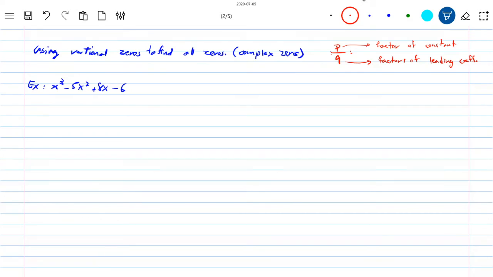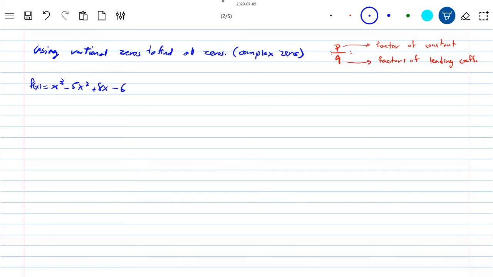So for example, if you're given this polynomial, let me erase this and call this f of x, and ask you what are the zeros of f of x. Is there a rational zero or not? You don't see a way to factor this polynomial because it's a third degree polynomial. It would be harder.